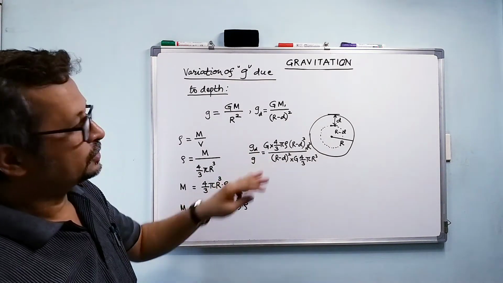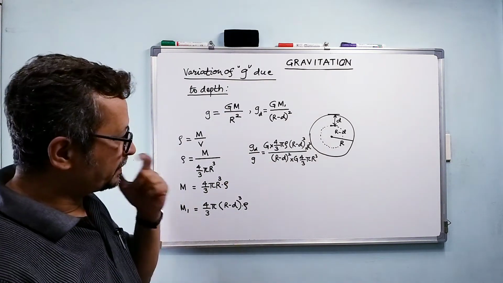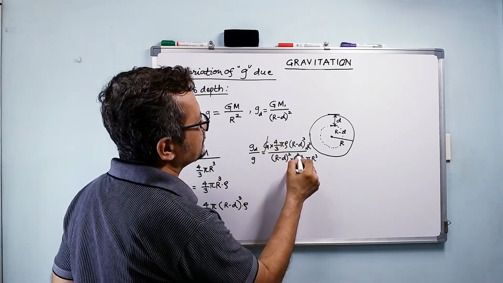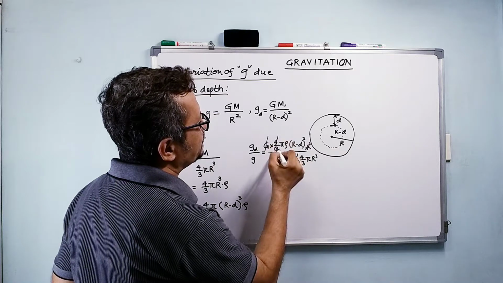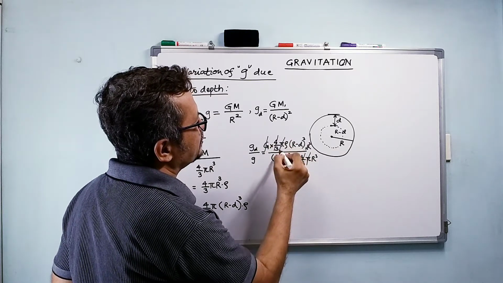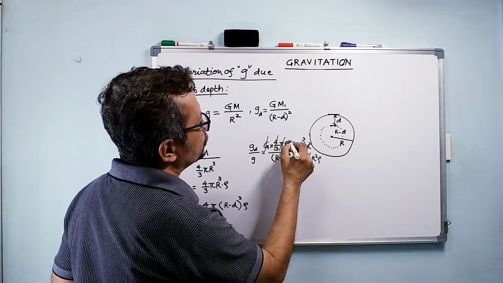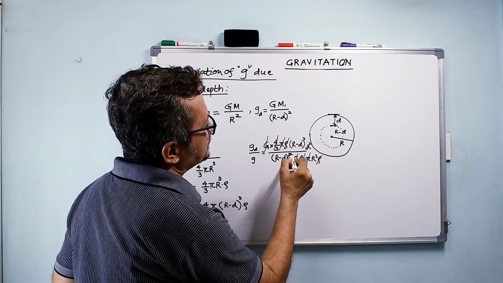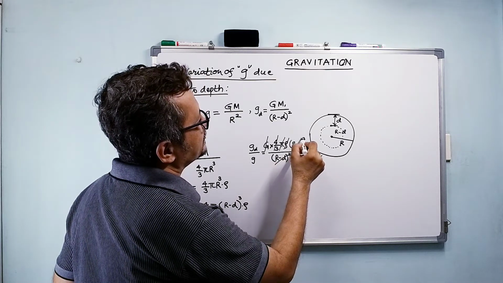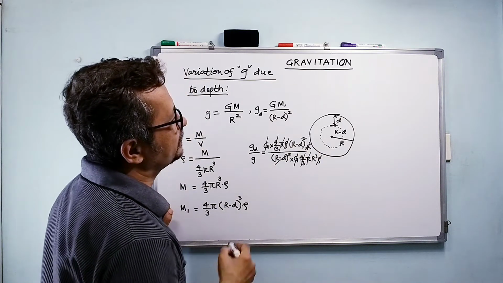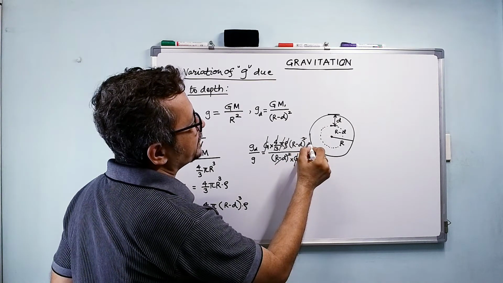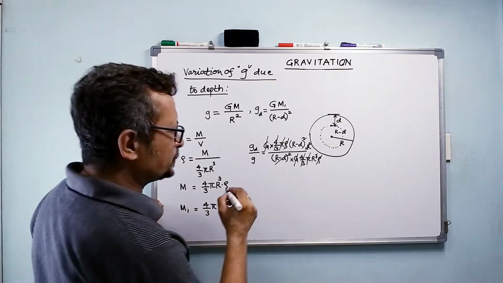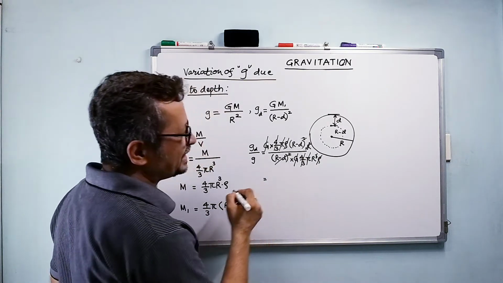I hope this is not very confusing. Little space constraint over there, but I can cancel the 4 by 3 pi here. I can also cancel this rho over here. My r minus d square gets cancelled with this cube, and this r square gets cancelled with this cube here. So what am I left with?